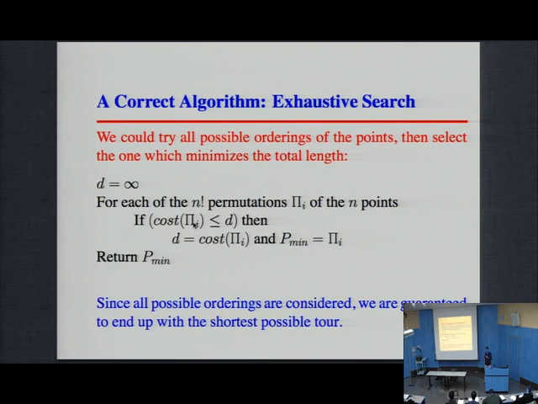You say n factorial, it's not quite n factorial. Well, minus 1 or something. What is it exactly? How many circular orderings are there of n points? We agree that if we had a linear ordering where we started from 1 and went to the nth point, there are n factorial different permutations.